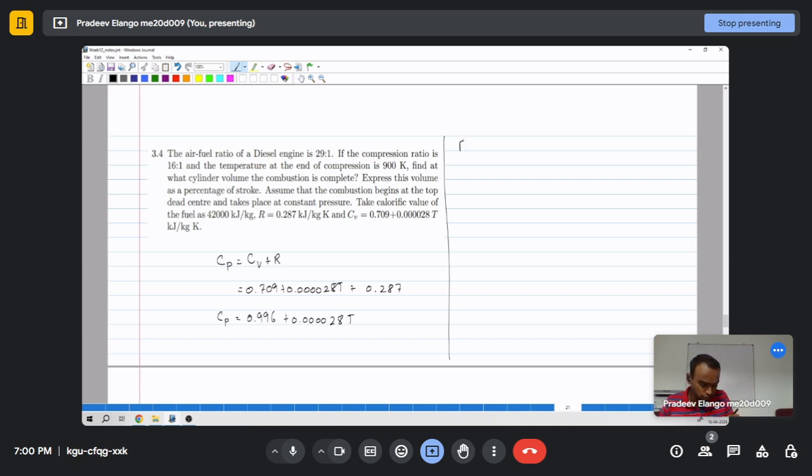So that means the fuel mass is equal to 1 by 29 kilogram fuel per kilogram air.